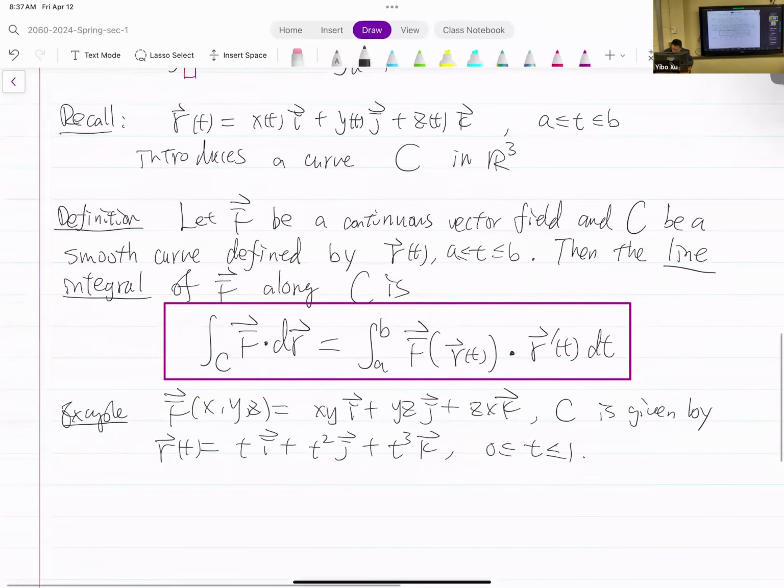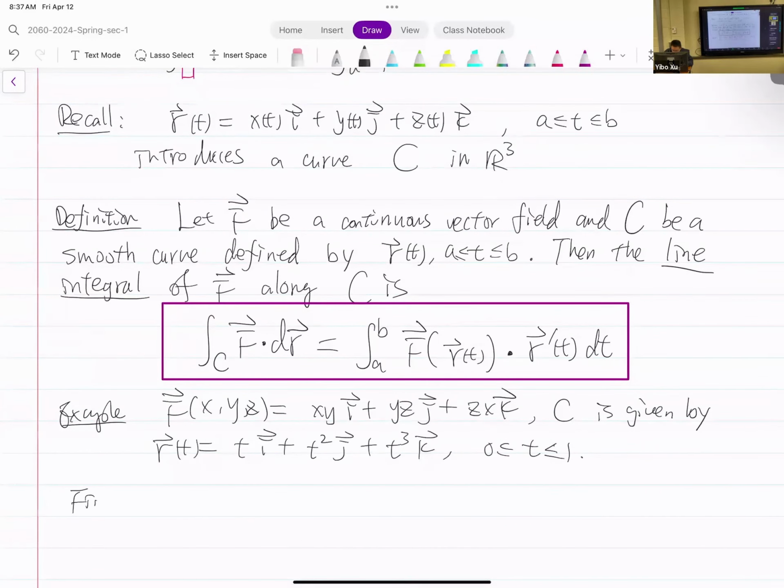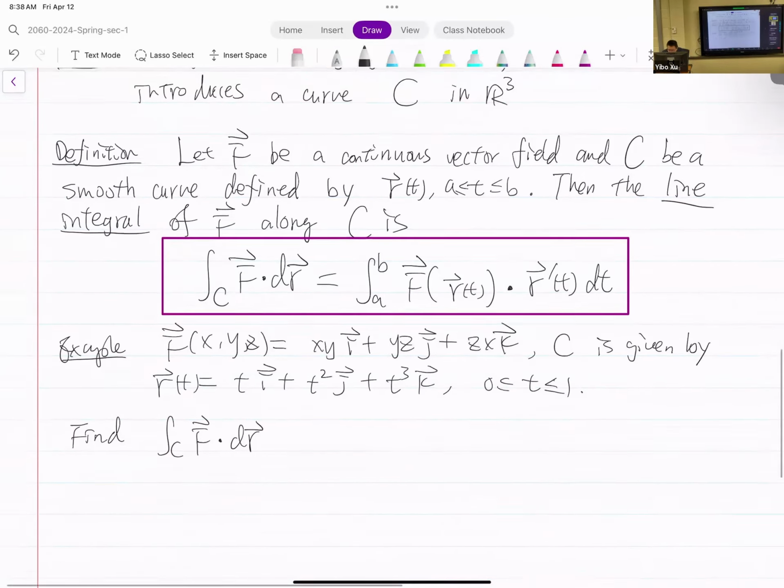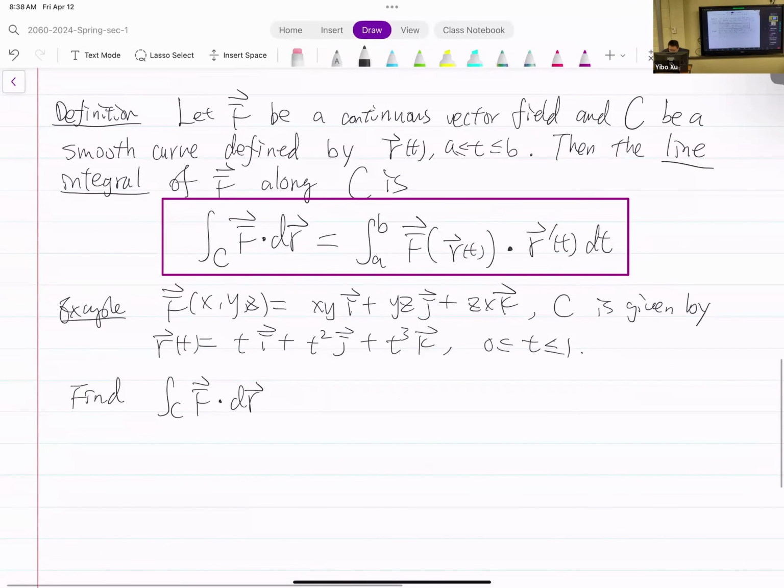Now we want to find the line integral. So when we want to find the line integral, we just need to be really specific about the right-hand side, every piece of information on the right-hand side of the boxed equation.